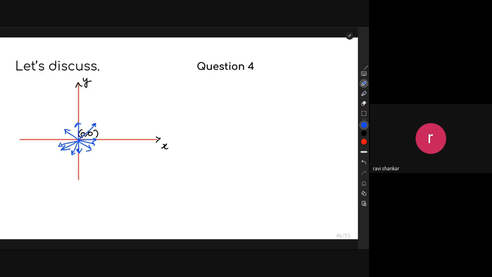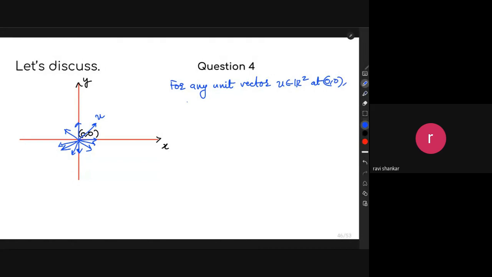So in the question it is given that if you take any unit vector, the directional derivative exists. So for any unit vector u in R2, the directional derivative of f in the direction of u at 0 0 exists.